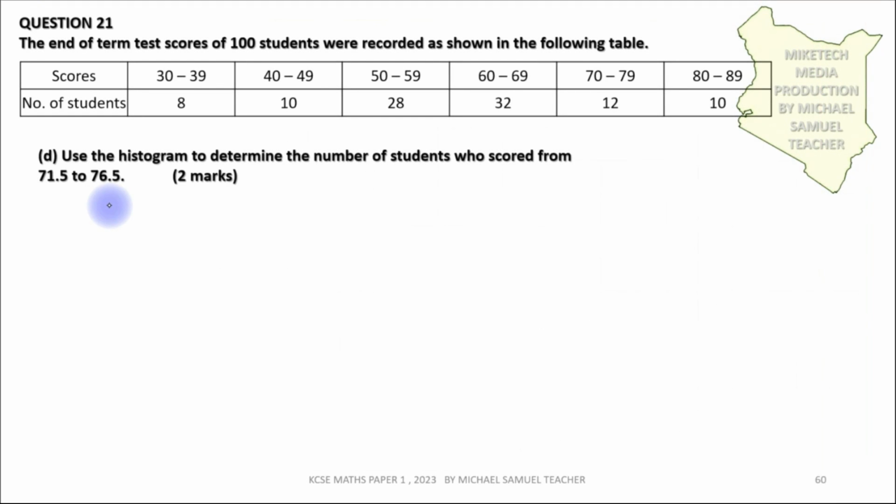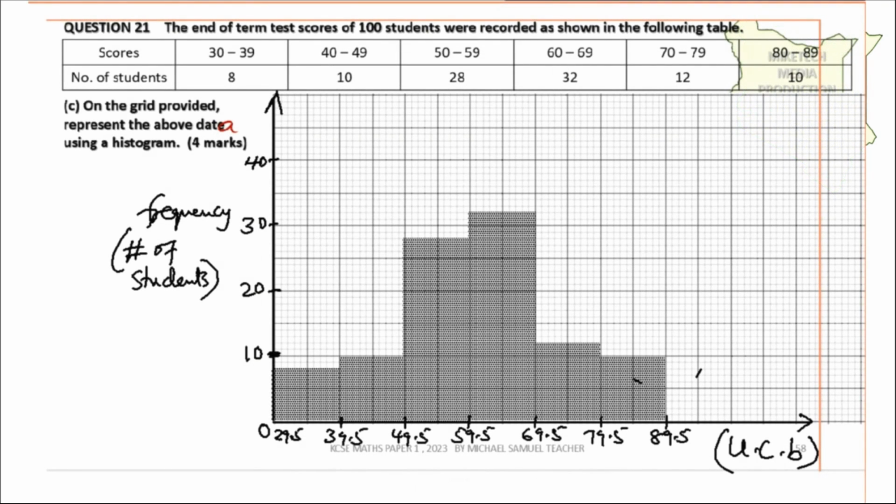Part D. Use the histogram to determine the number of students who scored from 71.5 to 76.5. So we want to see that 71.5 to 76.5 is between 69.5 and 79.5.